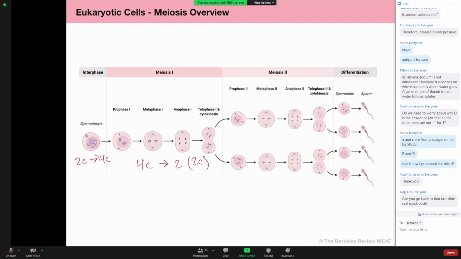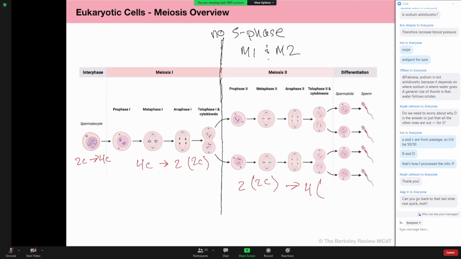And here's a critical difference between meiosis and regular cell growth: there's no S phase, which is the replication phase, between M1 and M2. Okay. And so from here, you have 2 cells with 2 copies. And then it's going to divide, and you end up with 4 cells with 1 copy.